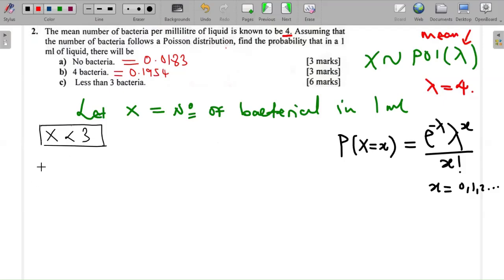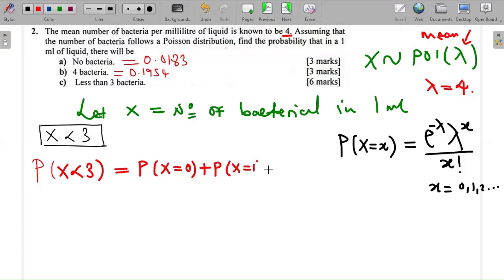So the probability that X is less than 3 simply means we are adding the probability that X is equal to 0 plus the probability that X is equal to 1 plus the probability that X is equal to 2. Okay, we don't have to include 3 there because here they said less than 3 and we are dealing with a discrete random variable here. So meaning it has to be less than that. So no wonder we're ending at 2.